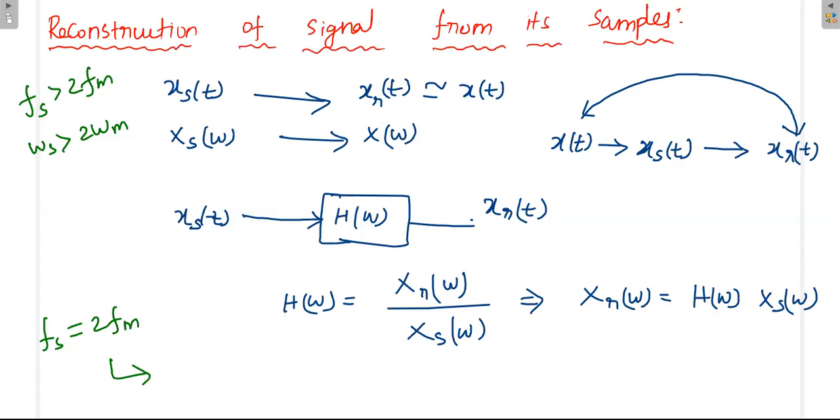That's why, for the reconstruction process, the sampling frequency at the transmitter side should be strictly greater than 2 fm. Then we know that if omega s is strictly greater than 2 omega m, what is the spectral shape of xs of omega?